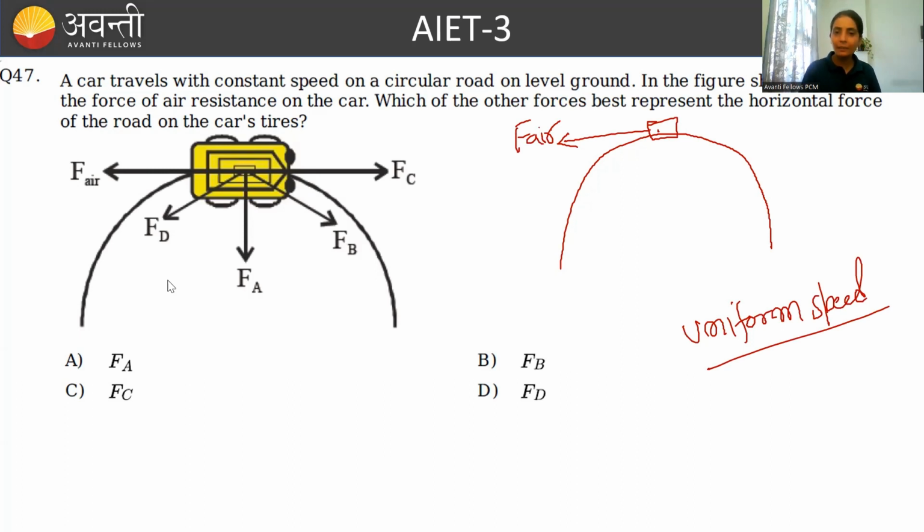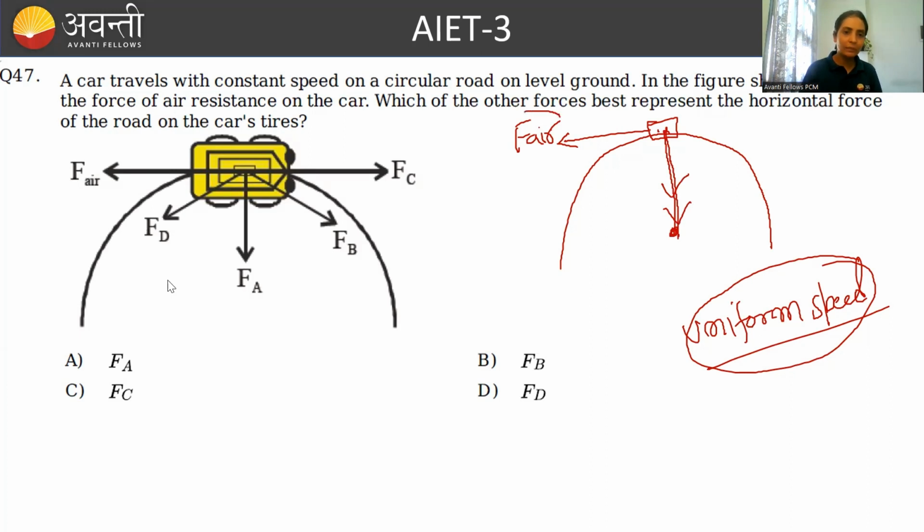It is moving with a uniform speed, that is, it is in uniform circular motion. And in uniform circular motion, there is no tangential acceleration, only centripetal acceleration. So net acceleration is in this direction, which means net force would act in this direction, right?